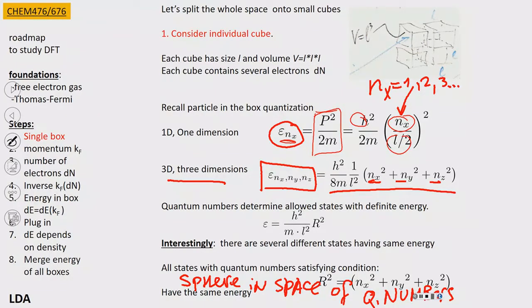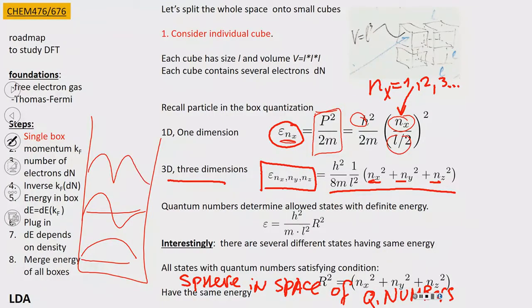And they depend on the number of half waves, right? It doesn't surprise you. Half waves, standing waves.